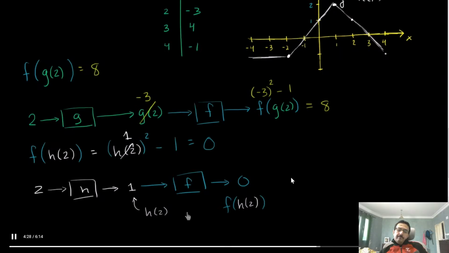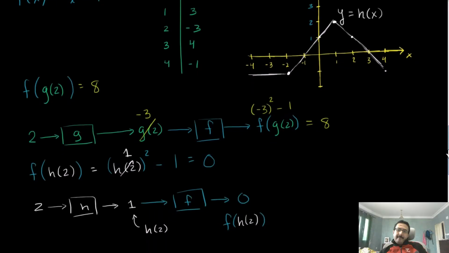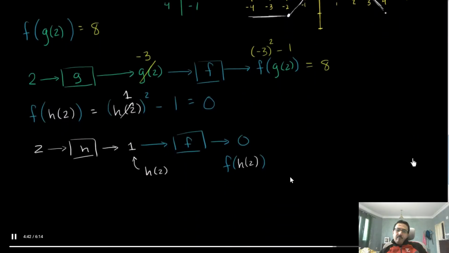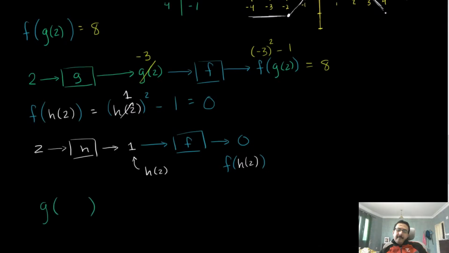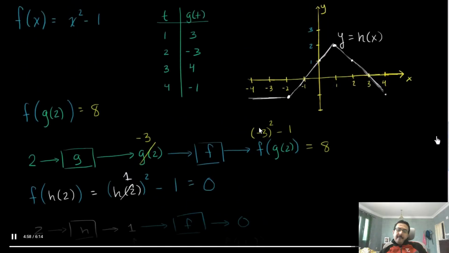Now we can go even further. Let's compose three of these functions together. So let's take, well, I don't know, let's take g of, and I'm doing this on the fly a little bit, so I hope it's a good result. g of, and let me switch the order, g of f of 2.